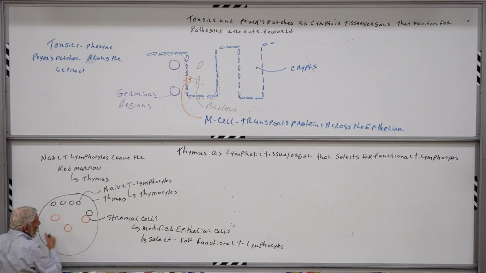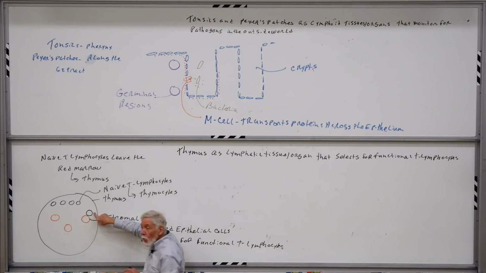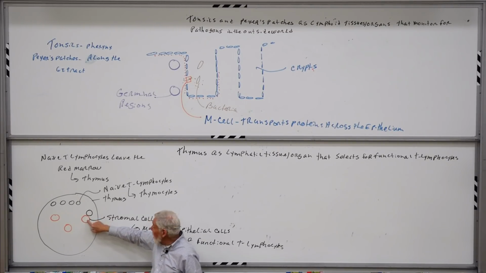But then another cell comes along and comes up to the stromal cell. There's the handshake, hello, how are you? And the stromal cell says to the naive T lymphocyte, can you recognize protein? Do you have transmembrane proteins on your surface that recognize other proteins? And the naive T cell says, sure, I've got lots of them.